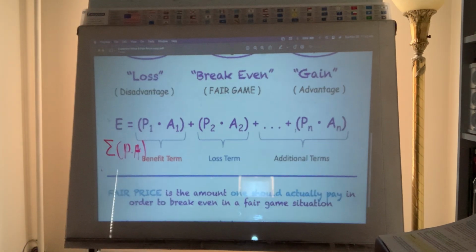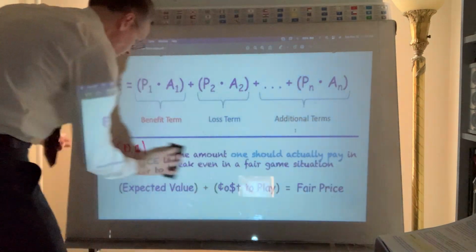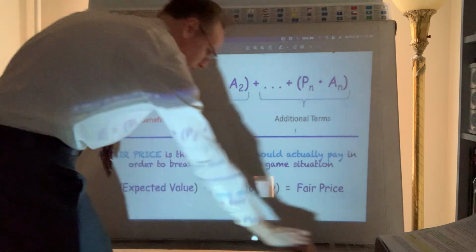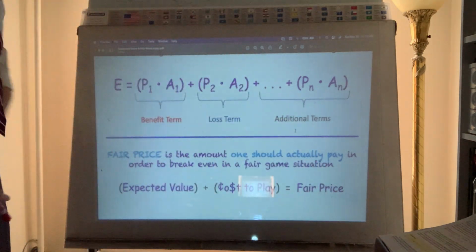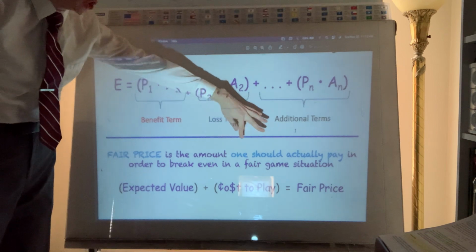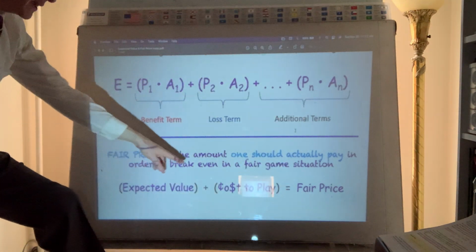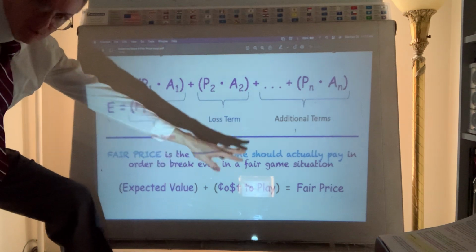When it comes time to discuss this, it will be the last couple of questions in the section pertaining to fair price. Let me just touch upon it right now. Fair price is the amount one should actually pay in order to break even in a fair game situation.